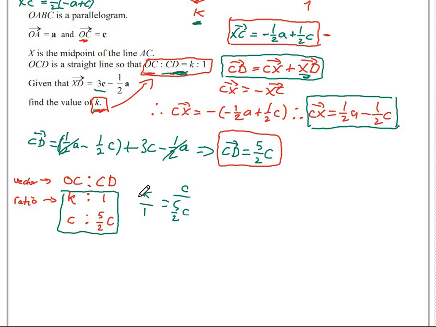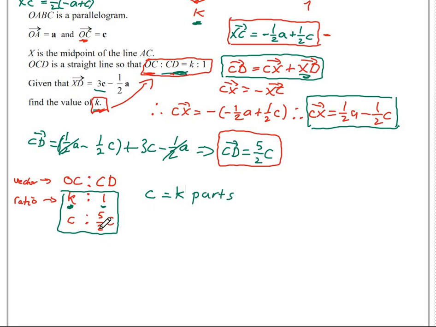But the thing is that because these are vectors, you can't really divide vectors. You can't cancel two vectors out like that. So we're not going to do it that way. But what I can say is that C equals K parts. These are parts, remember, we're dealing with vectors here. So C equals K parts.